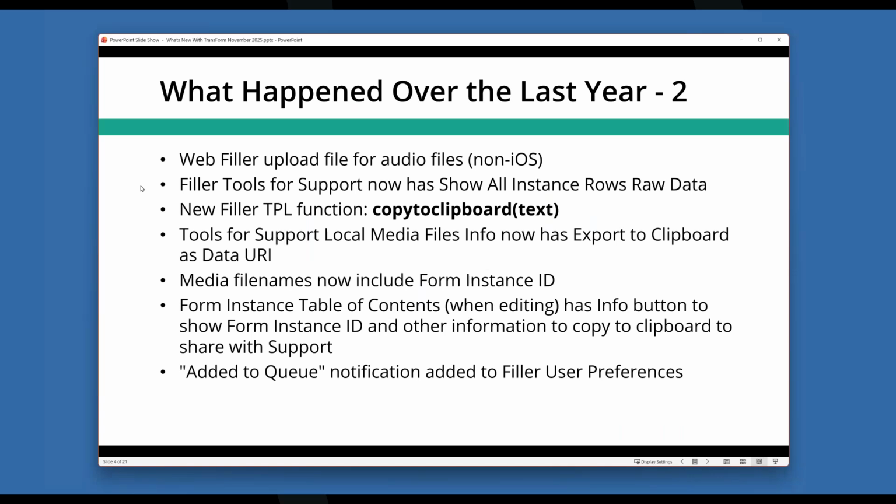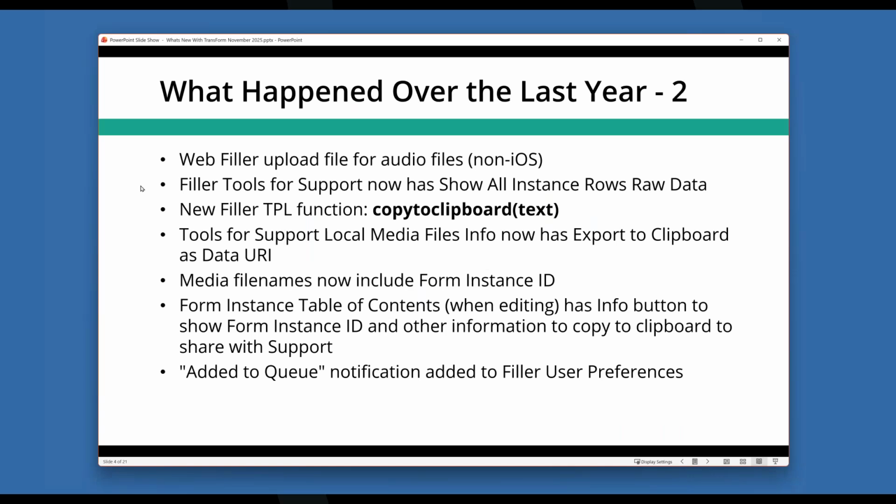There's also export to clipboard. If you're on the mobile filler, this is where it's storing the photos and audio in the file system, so that you can be offline and not connected to the internet in situations like today.